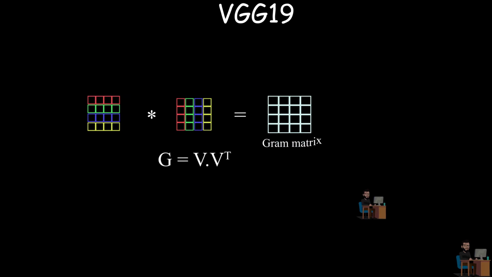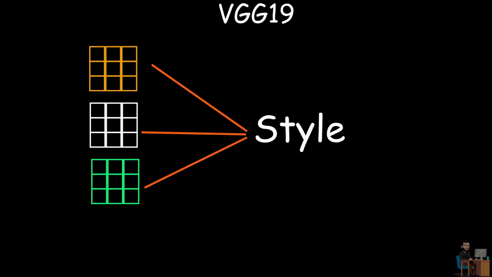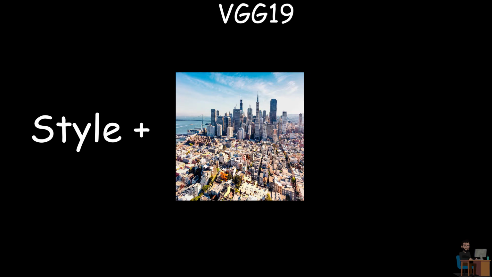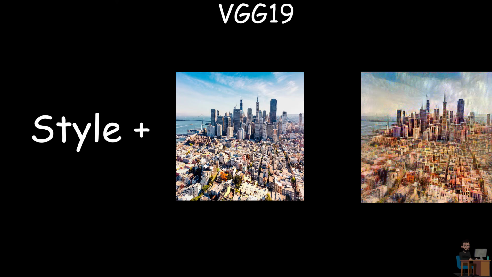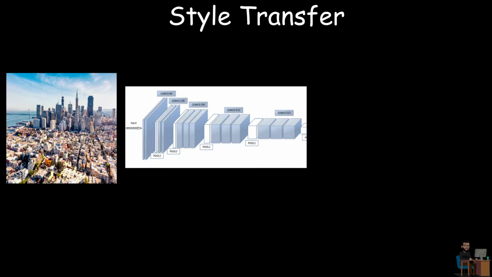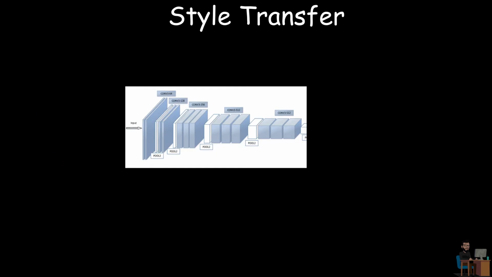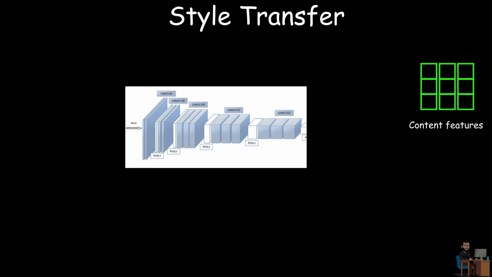Now we know the science of capturing styles. We just have to apply it on the content image to get the final result. So the style transfer will be performed in the following steps. The content image will go into the network and we will capture the features from a little deeper convolutional layer of the network. This will give the complex features of the content image.